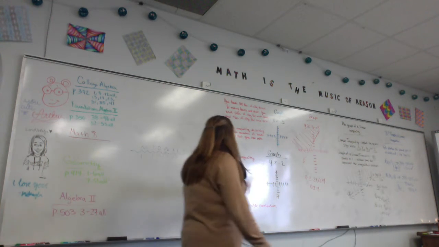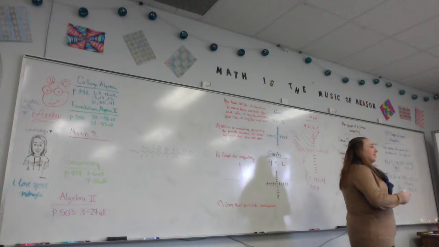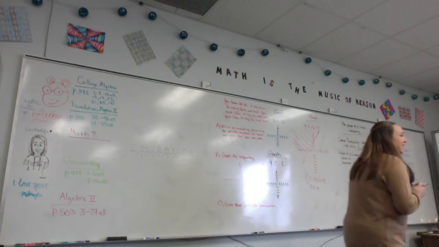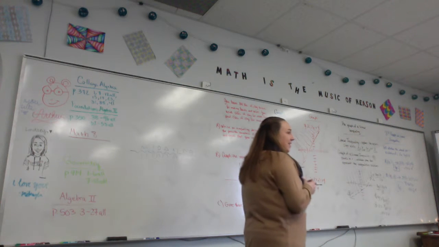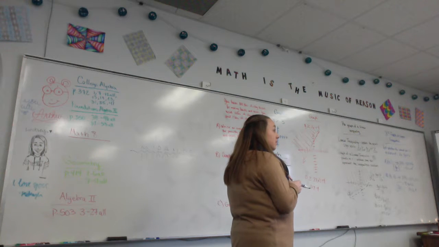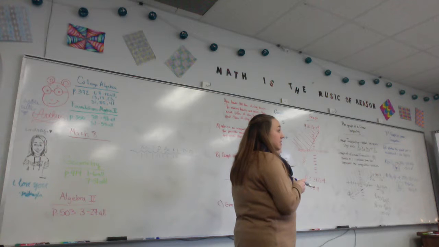Okay? How do I graph x is greater than 3? Okay, Carter, attempt. You would start at 3. On what axis? Think about it. Does it say x or y? X. So that means I'm going to start on what axis?